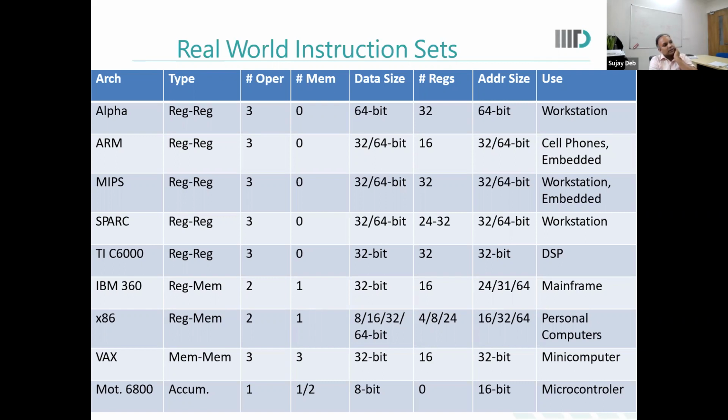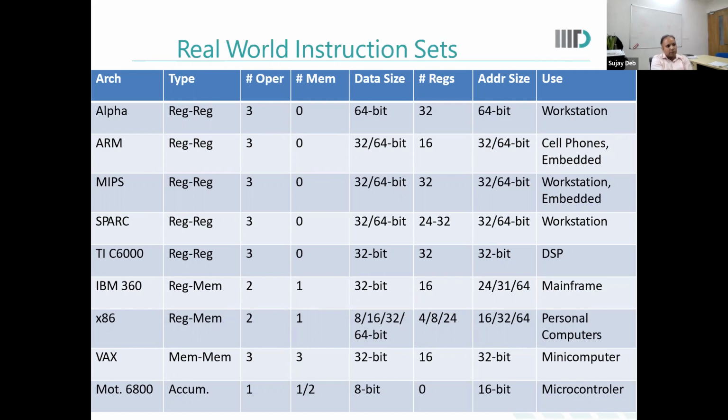Its data size is 64-bit, general purpose registers are 32, and address size is 64-bit, typically used for workstation applications. ARM is again a register machine model. Three operands are explicitly mentioned. Data size could be 32 or 64, general purpose registers are 16, and address size can also be 32 or 64. Typically used for cell phones and embedded systems, but now you see ARM is even used in supercomputers.